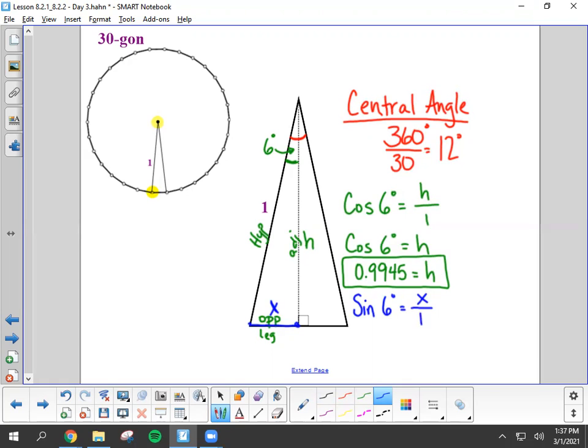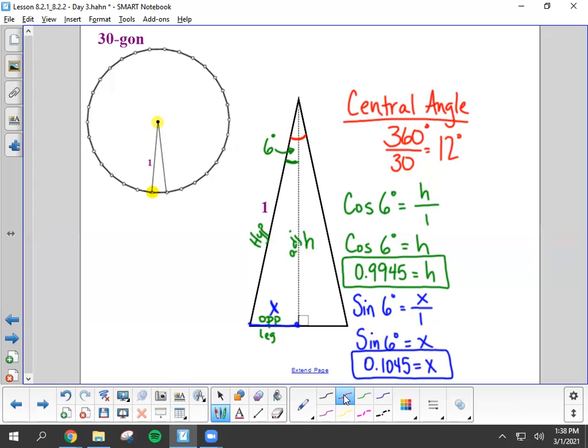Since I'm just dividing by 1, x is going to equal the sine of 6 degrees. So I go into my calculator and I get 0.1045. That is going to be half of the base of my triangle.